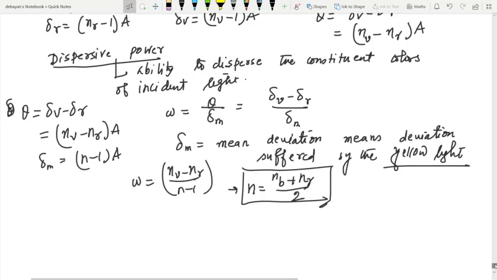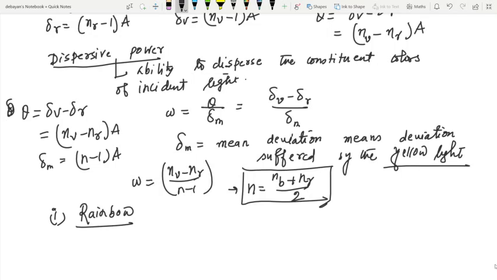Remember that the rainbow is formed due to dispersion of light suffering refraction and reflection in the droplets present in the atmosphere. So the rainbow is the combined effect of refraction, reflection and dispersion of light.